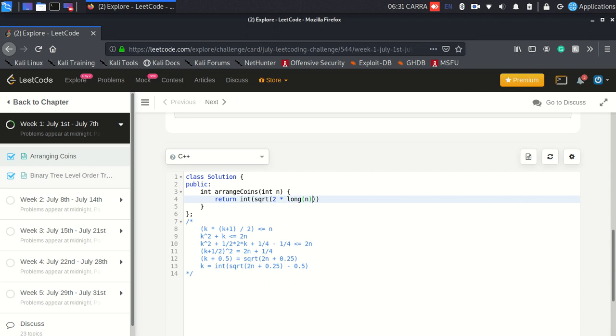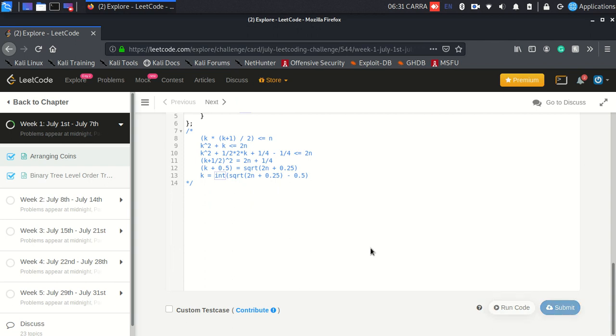So that's what I would be using. So long of n plus 0.25, the square root of this, minus 0.5, and the whole of its int. That should ideally do.